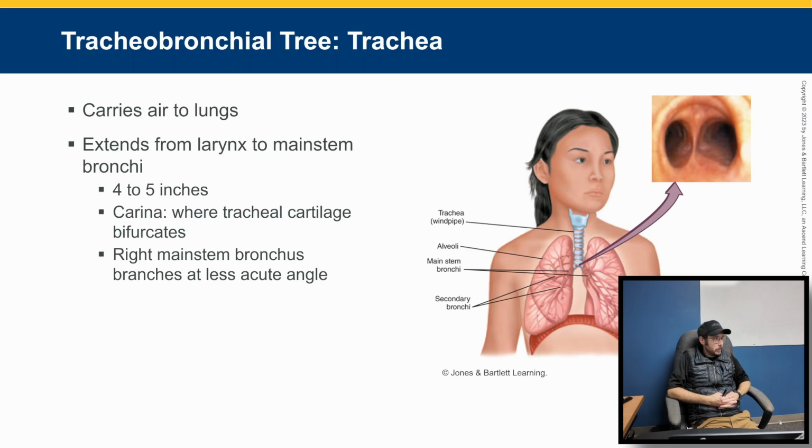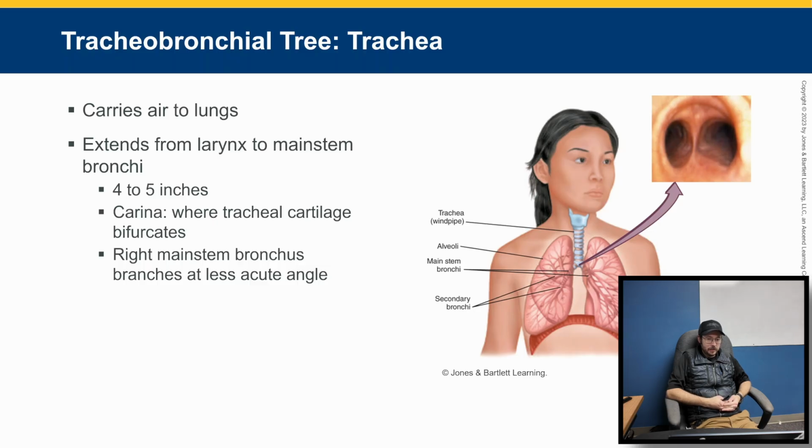It goes from the larynx, which we've already learned, and it extends down to the mainstem bronchi. That is typically about 4 to 5 inches from the larynx to the carina, where the right and left mainstem bronchi split off.